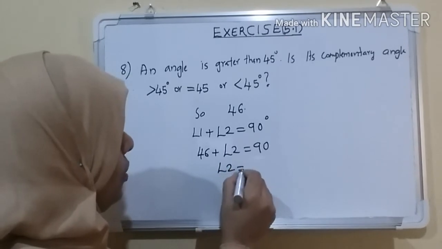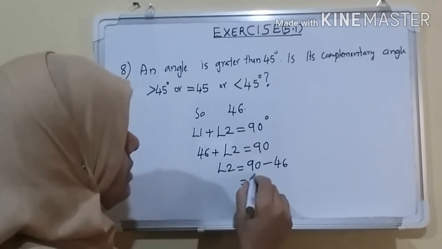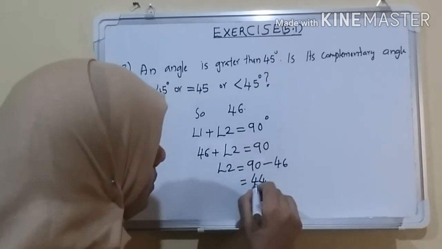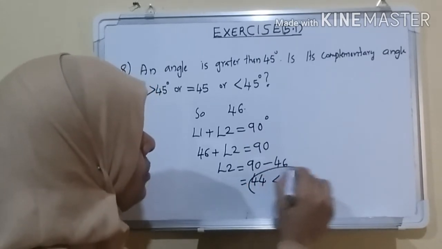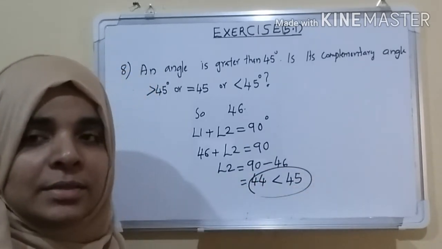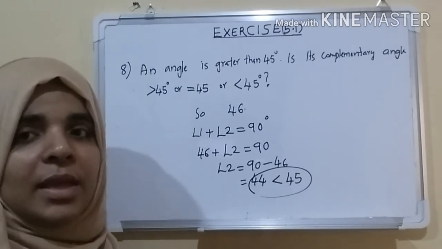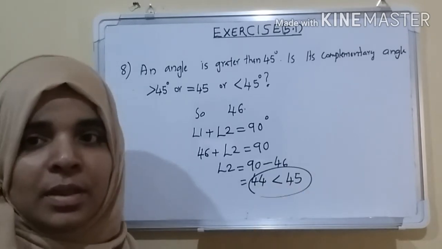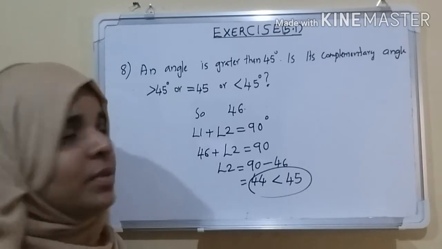So angle 2 equals 90 minus 46, which is equal to 44. Here this 44 is less than 45, right? So our answer is: if one angle is greater than 45, then its complementary angle is always less than 45. Okay, understood? This is the required solution of this question.